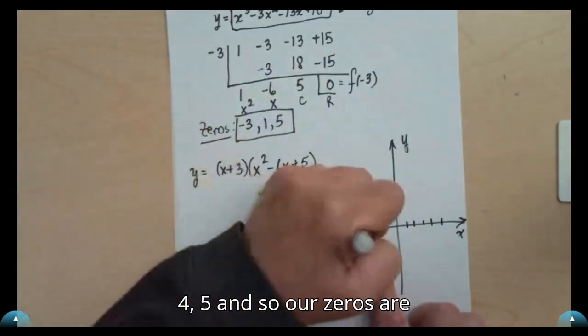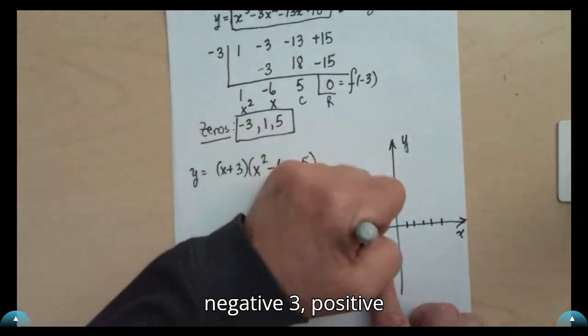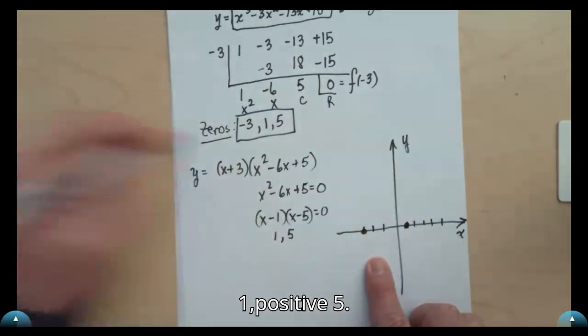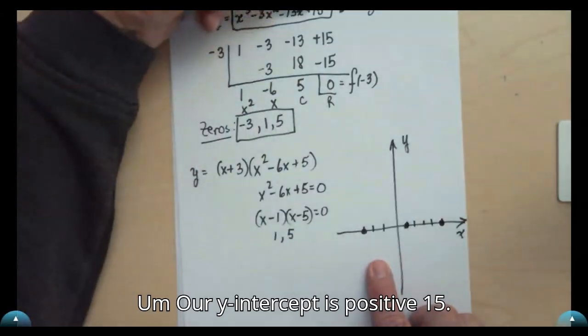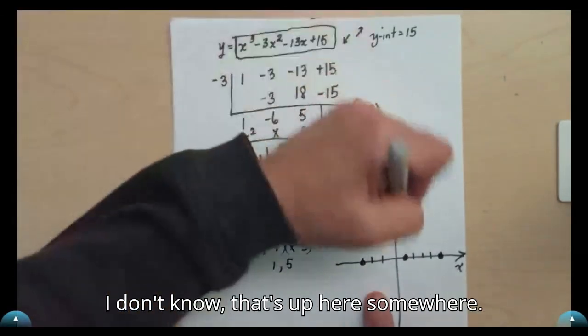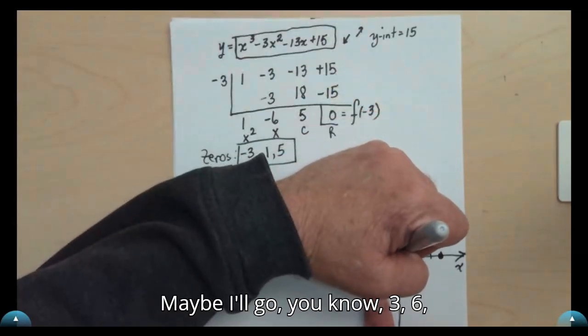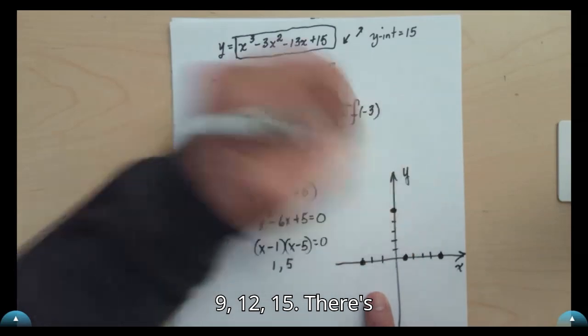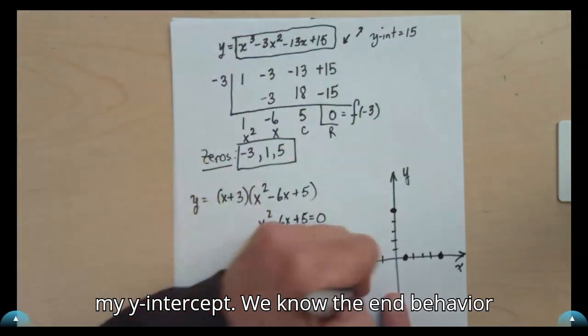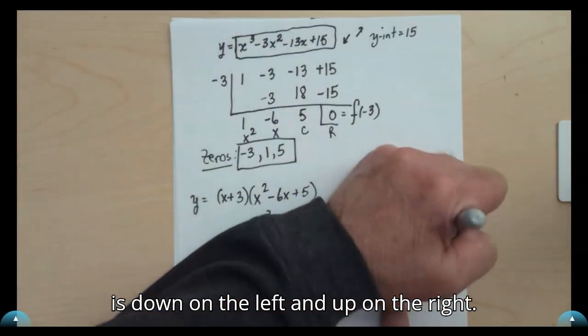And so our zeros are -3, +1, +5. Our y-intercept is +15. I don't know, that's up here somewhere. Maybe I'll go 3, 6, 9, 12, 15. There's my y-intercept. We know the end behavior is down on the left and up on the right.